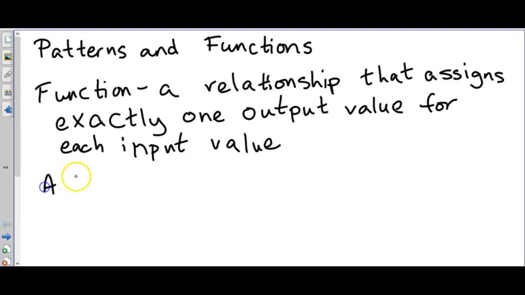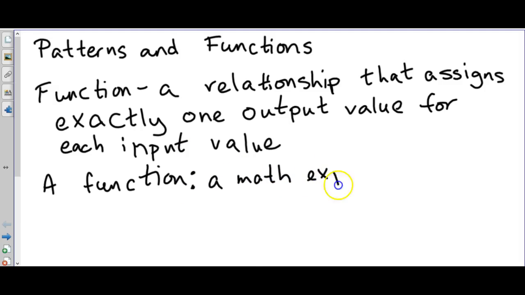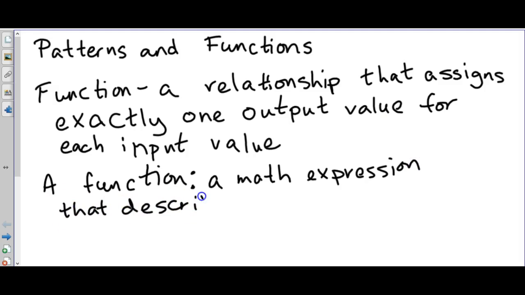So a function rule is a mathematical expression that describes the function relationship. So we talked about the movie.